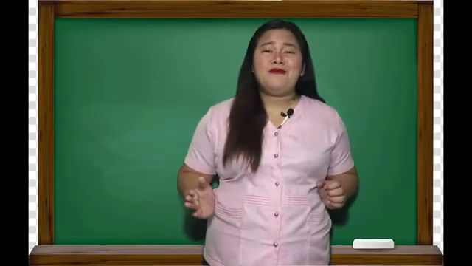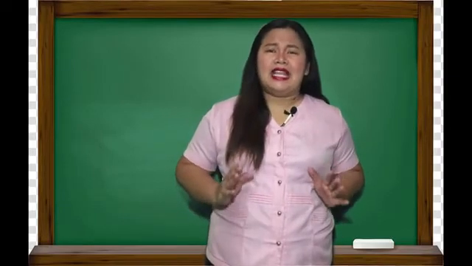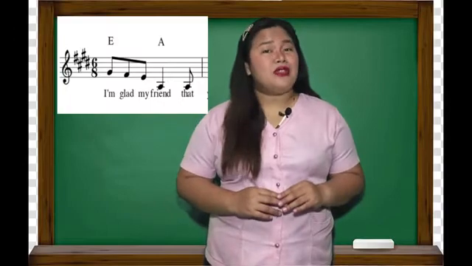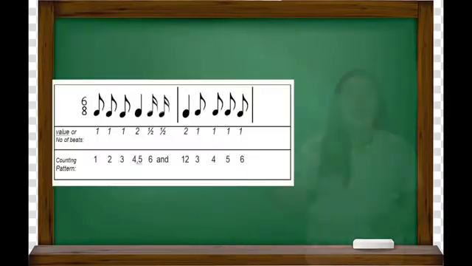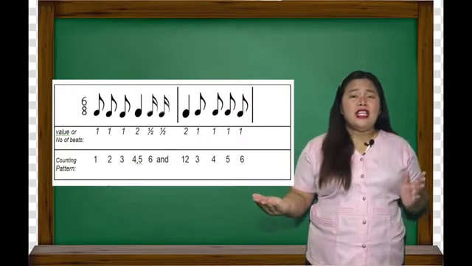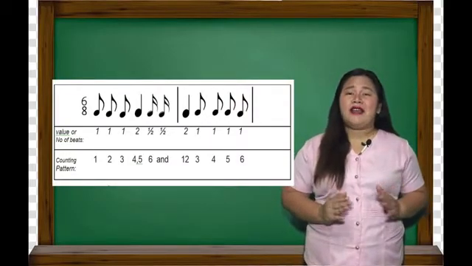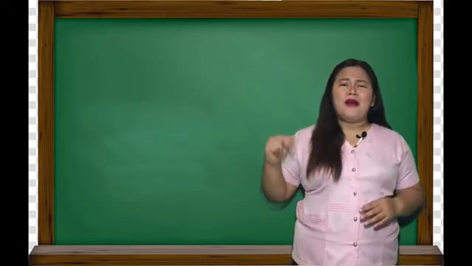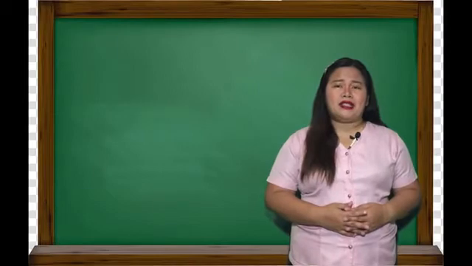After listening to the music, have you seen the 6/8 number used in this song? What does it mean? This illustration is showing you the group of notes and rests in 6/8 time signature. Below each note and rest is the value of the number of beats.